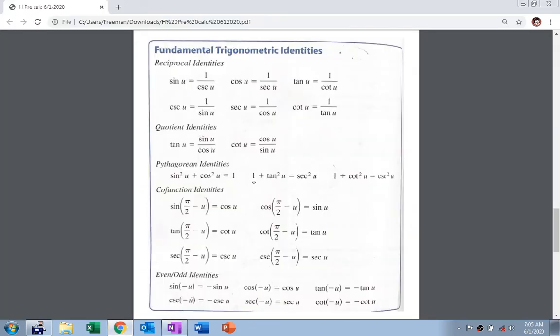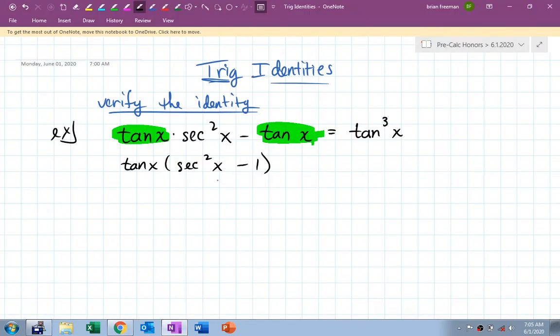On here, I have 1 plus tangent squared equals secant squared. But I can also rewrite this identity if I subtract 1 from both sides. You can do that with all three of these identities. So if I subtract the 1, I get tangent squared equals secant squared minus 1, which is nice because that makes this whole thing tangent squared.